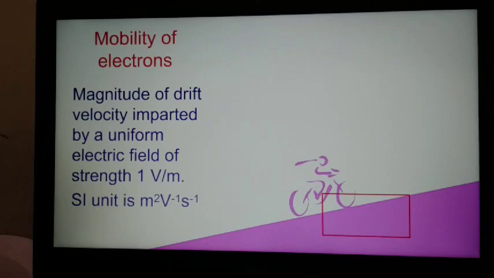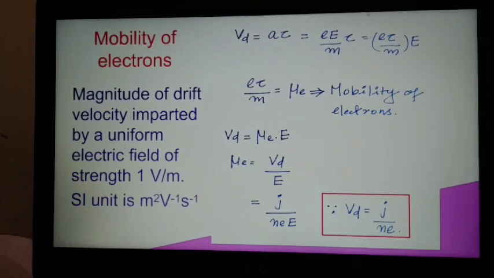Don't get confused with this equation. We have drift velocity Vd equal to eE by m into tau. What is eE by m? The acceleration. Into tau, that is eE by m into tau. We rearrange that as e tau divided by m, into E. And we take e tau divided by m.